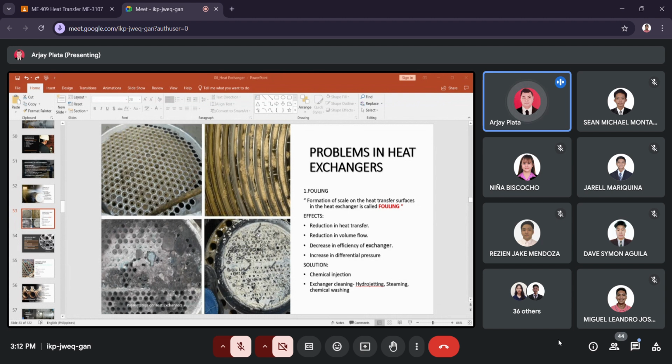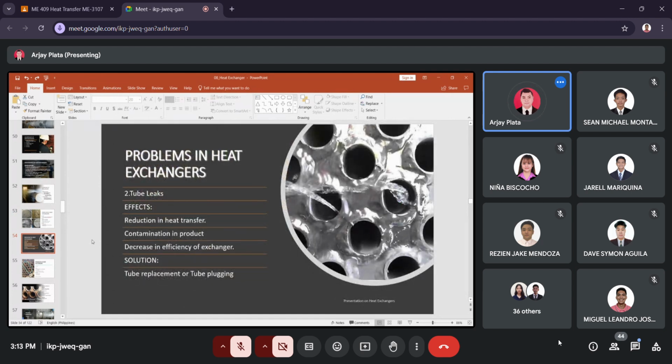Either we can use stainless steel, or a lining, or surface finish, to avoid corrosion. It's not enough that we specify a corrosion allowance, but we must also specify the correct material. Okay, so that's for fouling.